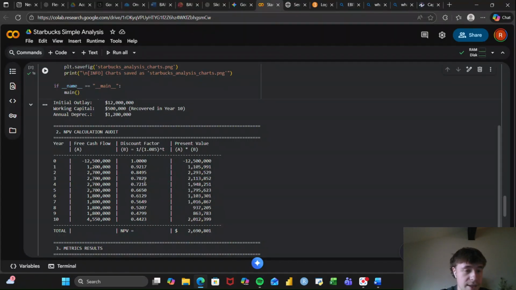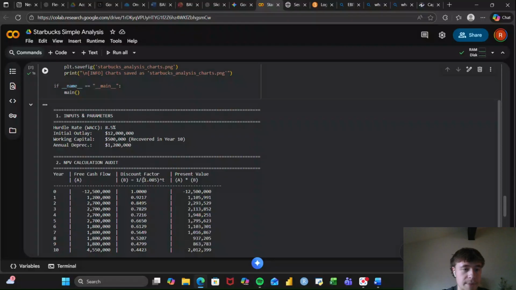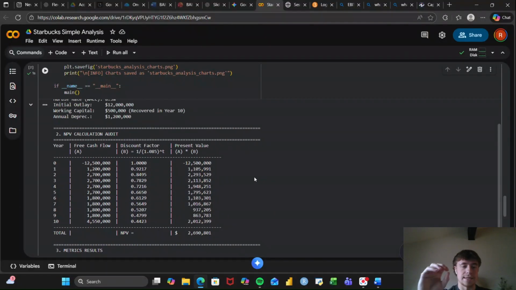Now, the next year, the free cash flow, basically what we're doing is taking the cash flows and then subtracting the costs of them. So we get 12.5 million, and then our discount factor for that year is 0.9217.